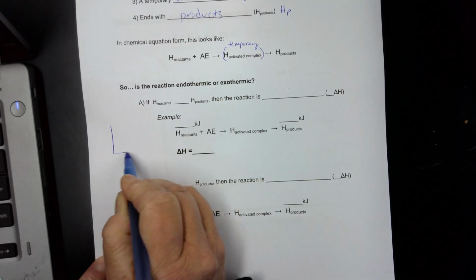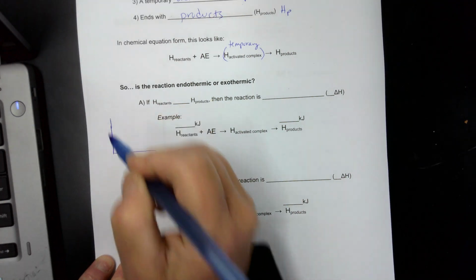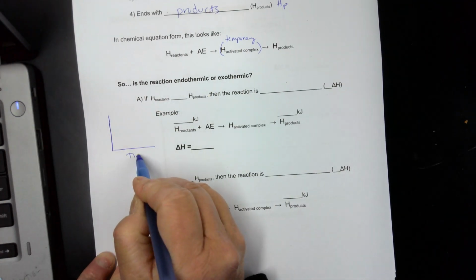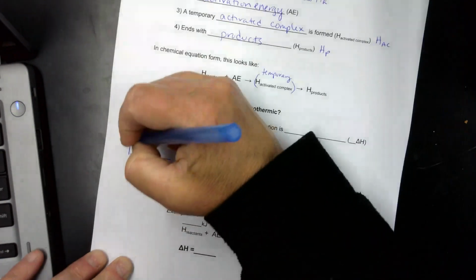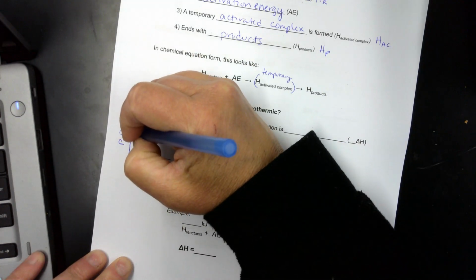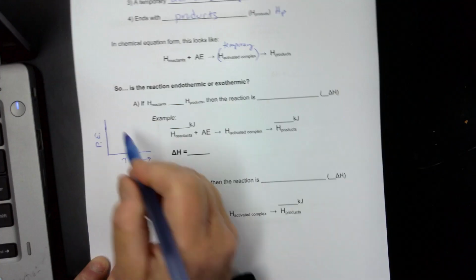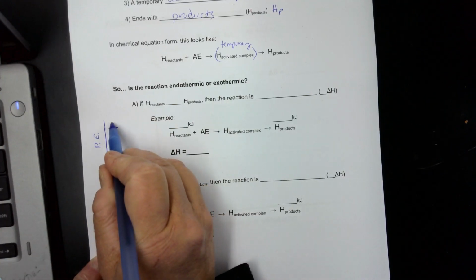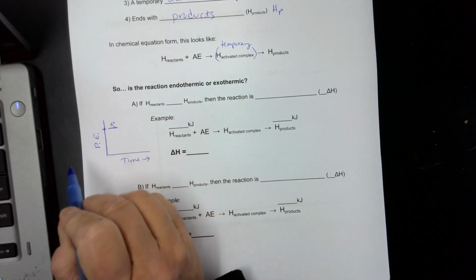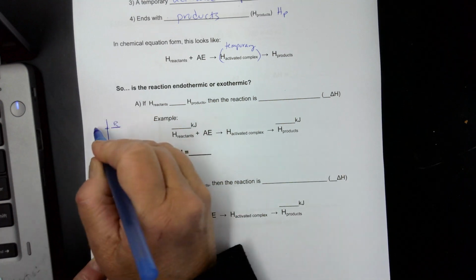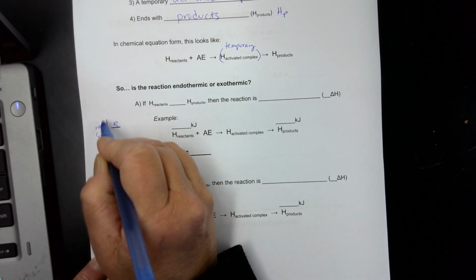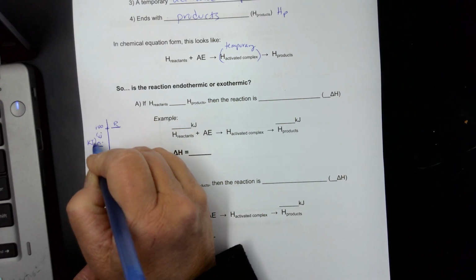So if we take a look at a very generic graph where we have time on the x-axis and potential energy on the y-axis, let's say the potential energy of the reactants starts out at 100, and this would be in kilojoules.